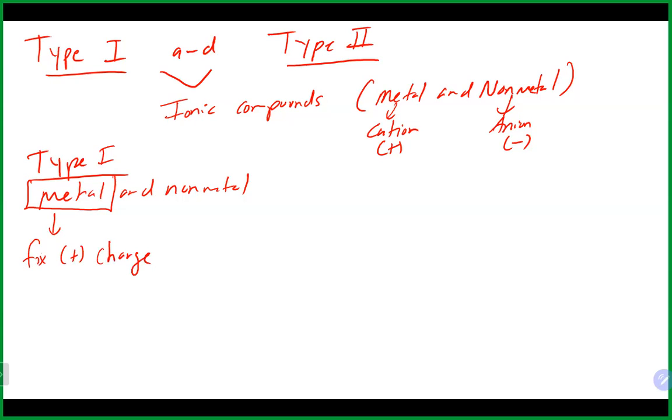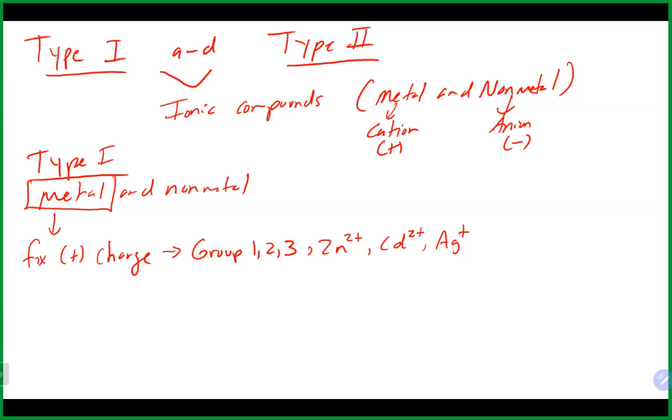The ones on the periodic table that have a fixed positive charge are basically anybody from group 1, group 2, and group 3, which is basically aluminum. And from the transition metal region, it is zinc, which when it does create a charge will be +2, cadmium, which also forms a +2 charge, and silver. So if you come across a compound that has any of those metals in it, it's going to be a type 1 compound.